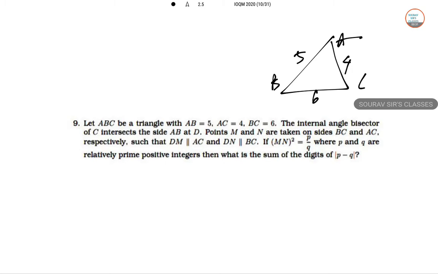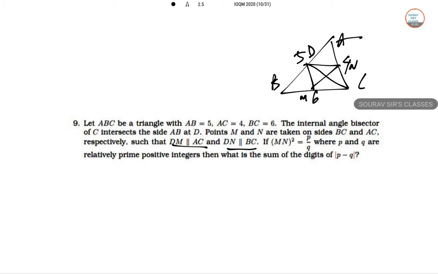The internal angle bisector of C intersects at D. Points M and N are taken on the sides BC and AC respectively, such that DM is parallel to AC and DN is parallel to BC. So we have drawn our diagram. That's ready.